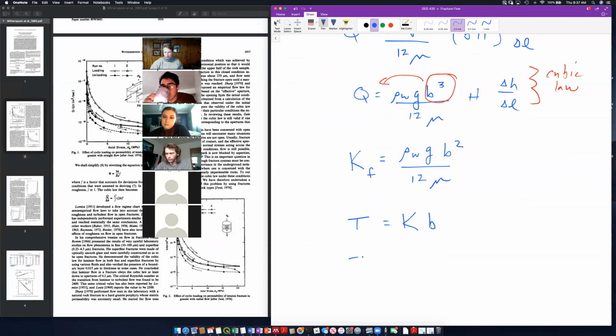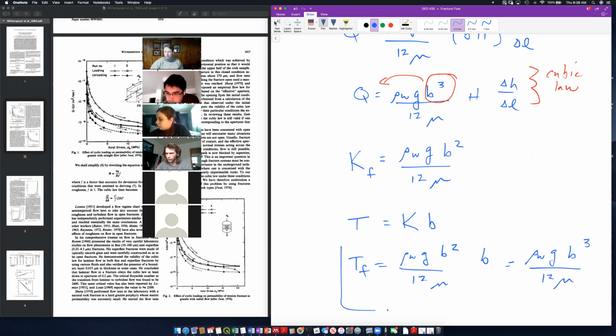So the transmissivity of my fracture is this times this. Transmissivity of a fracture is rho water G B squared over 12 mu times B. So this equals rho water G B cubed over 12 mu.